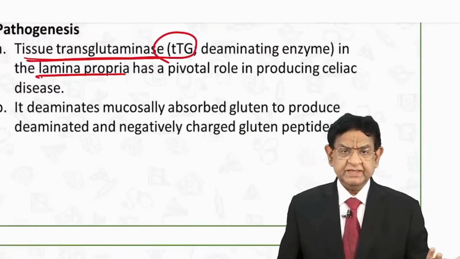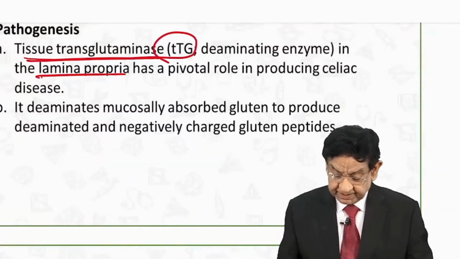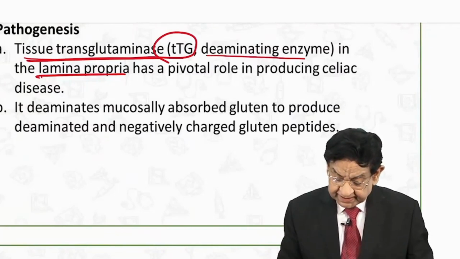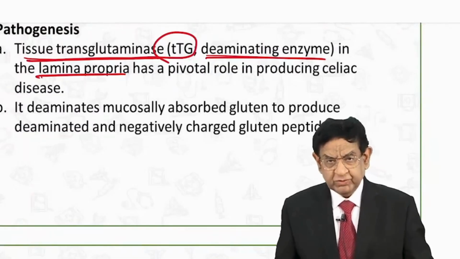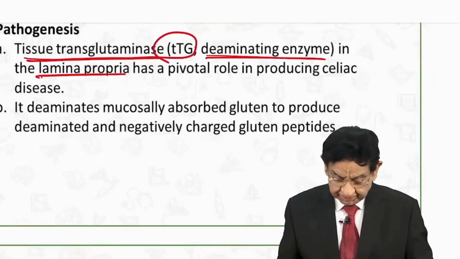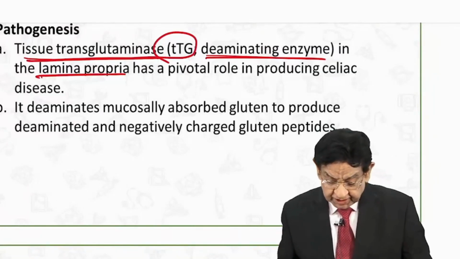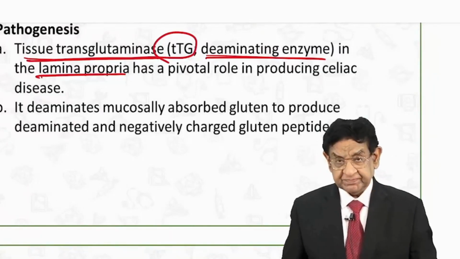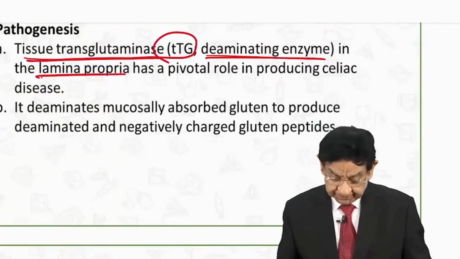It is an enzyme in the lamina propria, especially of the small intestine. It is a deamidating enzyme, so it is going to cause deamination. This is the biochemistry aspect of the problem. This enzyme, tissue transglutaminase (TTG), is the main culprit behind the whole pathophysiology.